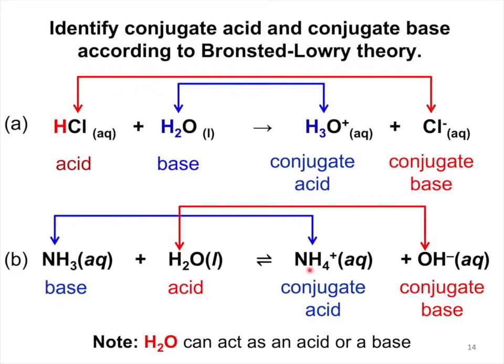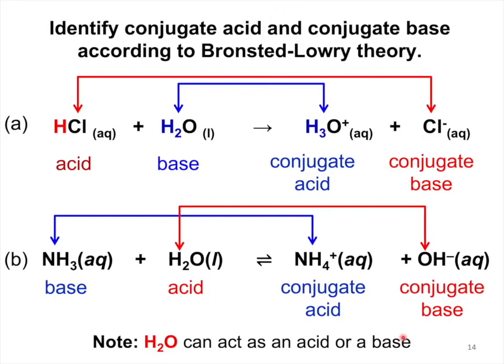So NH4+ here is called the conjugate acid. And for H2O, H2O here is an acid, so it will donate a proton and it will become OH-. So OH- here is a conjugate base. Please keep in your mind that water can act as acid or a base.